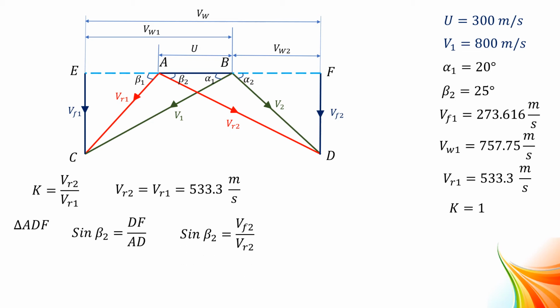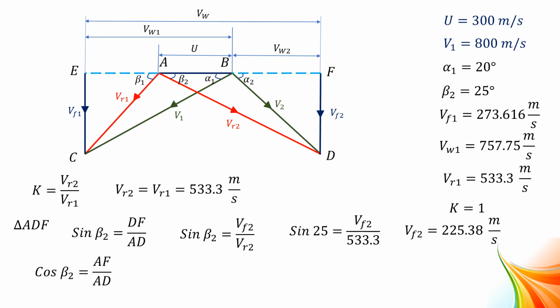Sin beta 2 equal to VF2 by VR2. Substituting the values of beta 2 and VR2, we get VF2 equal to 225.38 meters per second. Now take cos beta 2 equal to AF divided by AD. Cos beta 2 equal to AF divided by VR2. Substituting the values of beta 2 and VR2, we get AF equal to 483.33.